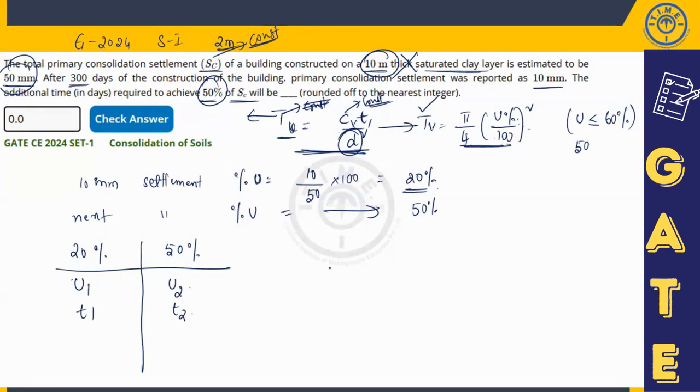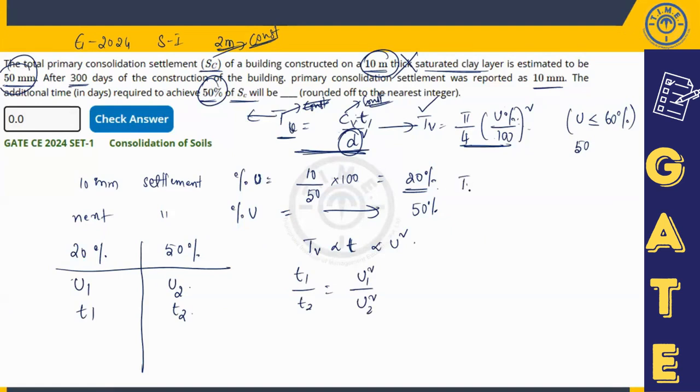So from this what I can write, TV proportional to small t and TV proportional to U square. Therefore, what I can write is T1 by T2 is equal to U1 square by U2 square. Please, all of you have a glance at it.